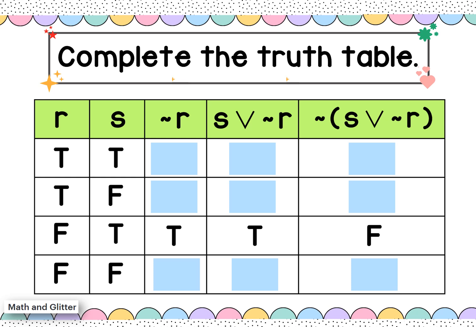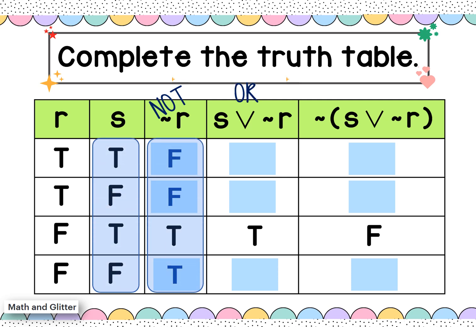Here's another one. First thing we need to do is negate R. So we're looking at the values in the R column, and we're just flipping the switch. So true becomes false, and false becomes true. Now we have our negation. The next thing we need to do is a disjunction with S and not R. So those two columns I have highlighted there for you.